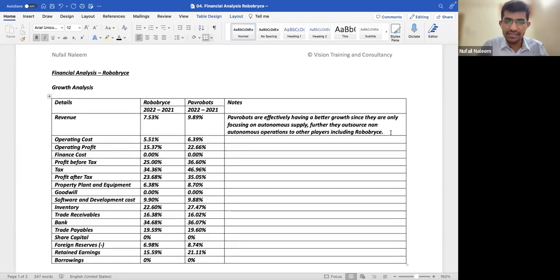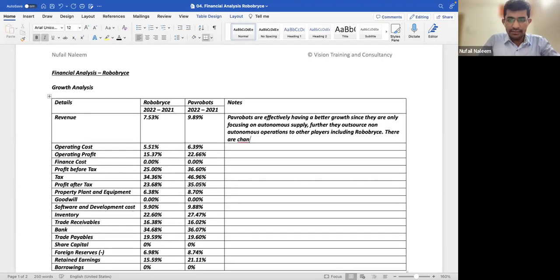So the next thing, students, there are chances of better features and functions in Pavrobots products. Correct, no, students?